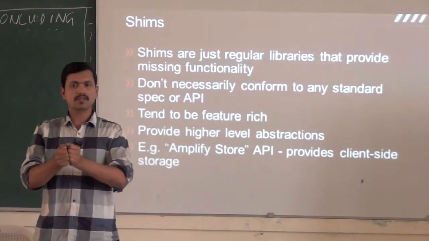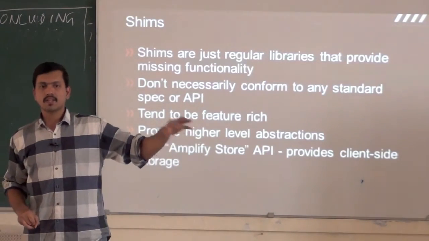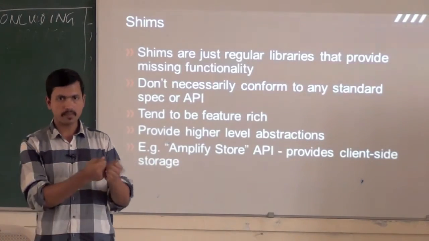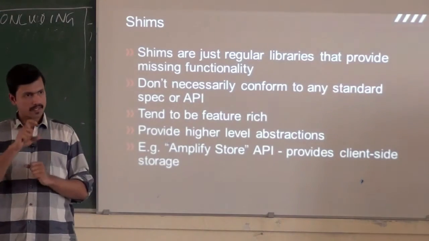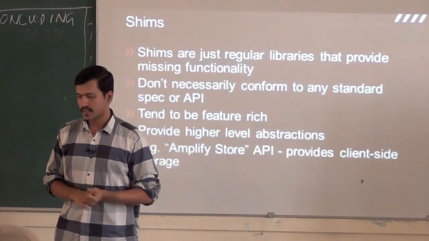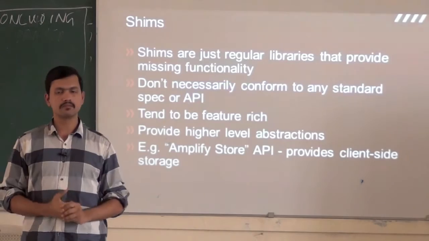So I can write WebSockets code and not worry about whether the browser supports WebSockets. In older clients, the polyfill would probably use Flash or Silverlight to supplement that functionality, but you get to write the same code. You don't have to write different code. Shims are typically libraries which tend to be a somewhat higher level of abstraction on top of some feature.